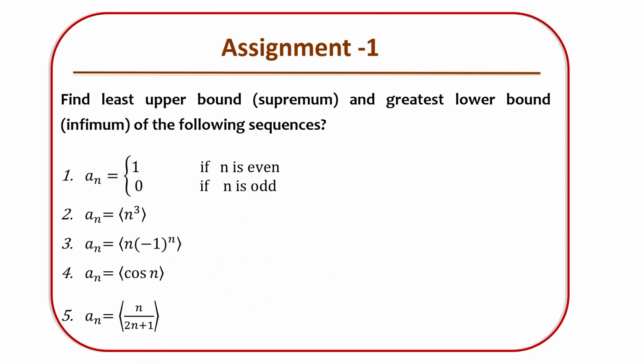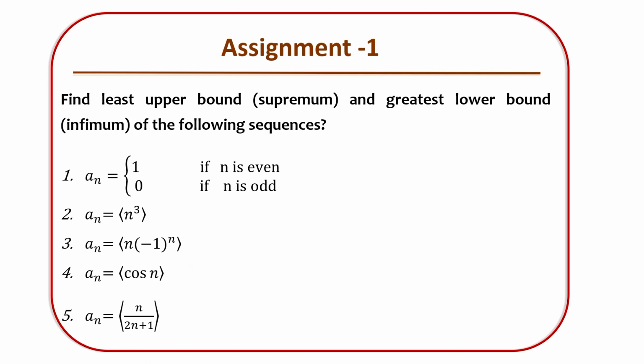So look at this assignment problem. We have 7 assignments for you, and each assignment is based on different lectures. You have to remember the definition of a Cauchy sequence, then Cauchy convergence, then the relationship between convergence and a bounded sequence, convergence and a Cauchy sequence, and then monotone sequences, the upper bound of a sequence or set, lower bound of a set, supremum of a set, and infimum of a set.